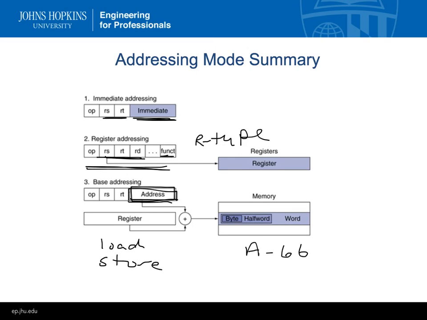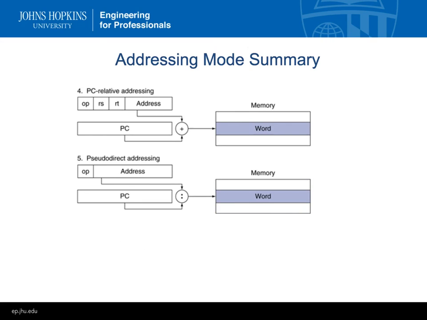And that's the address where you're going to either load a value into or get a value from. PC relative, we're going to take this value in the 16 bits, add it to the current program counter, and that's going to be where we go. And pseudo direct is we're just giving you the address, and you're going to go there.